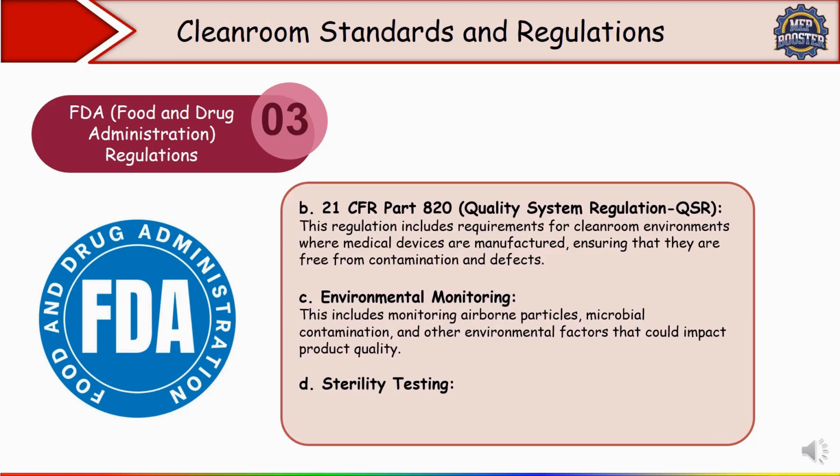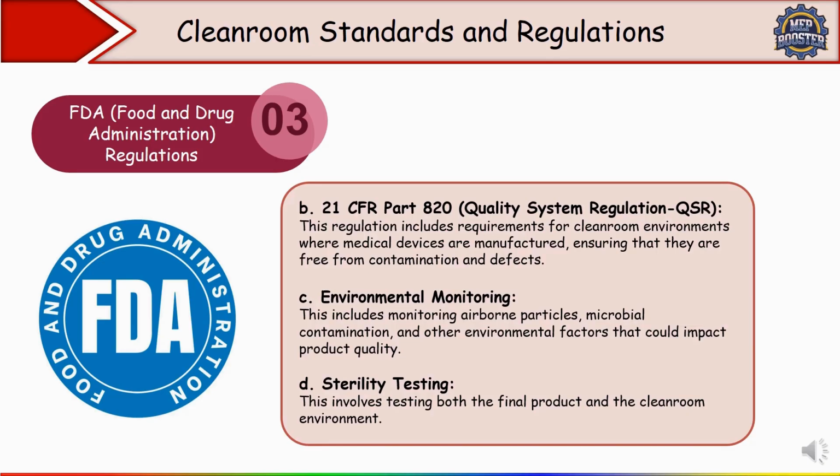Then we have sterility testing. For sterile products, the FDA mandates sterility testing to confirm that the products are free from viable microorganisms. This involves testing both the final product and the clean room environment.